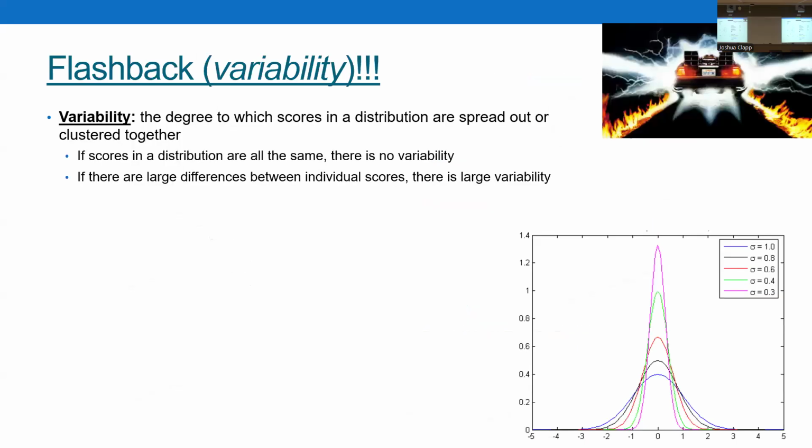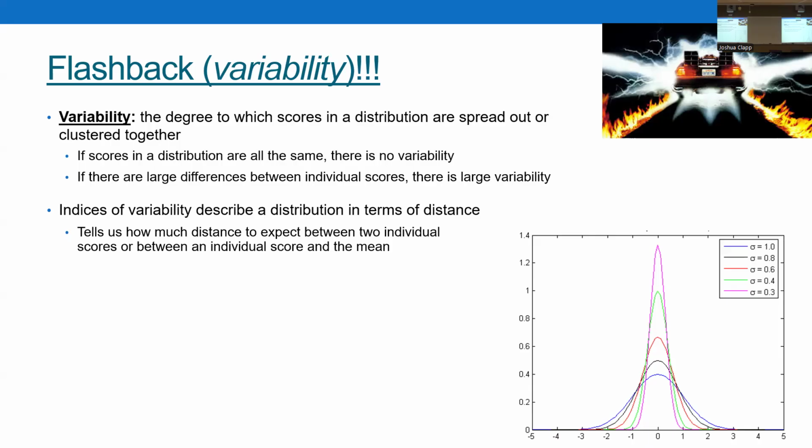All right. Let's do a quick review of some basic concepts involving variability. We spent a lot of time last semester talking about variability. In general, when we're thinking about variability, we're just talking about the extent to which scores are spread out or clustered together. If all the scores are the same, there's no variability. You don't have variability, you have a constant. If you have wildly different scores, you've got large variability, things spread out all over the place.